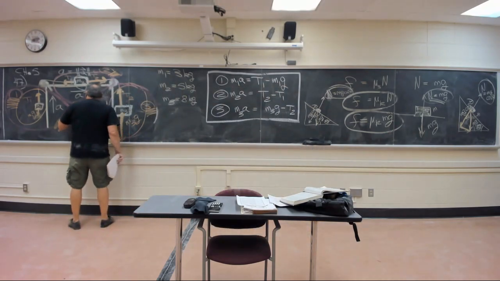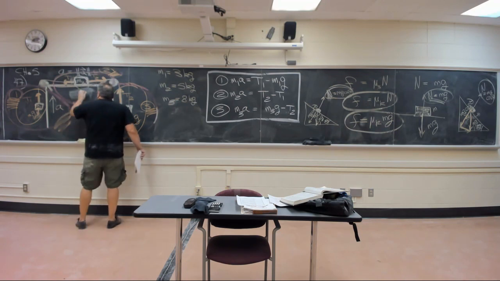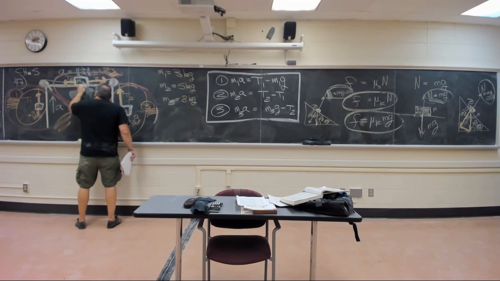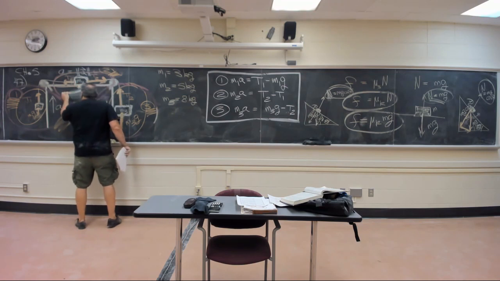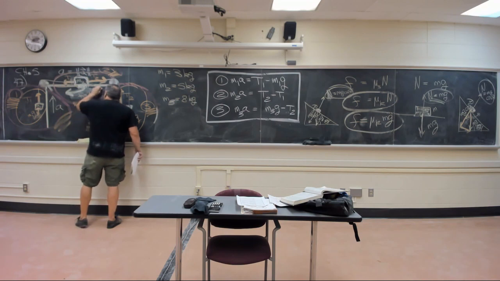Let's ask a question, guys. Let's get there. Help me out here, guys. If it's here, there's a frictional force, F equals mu sub k times n. The normal force is m2g.